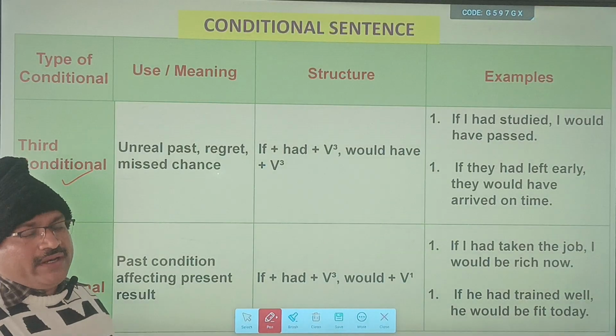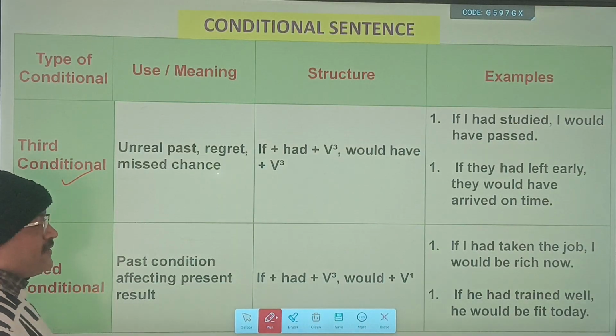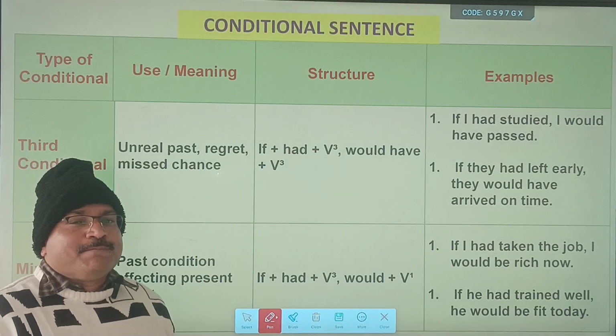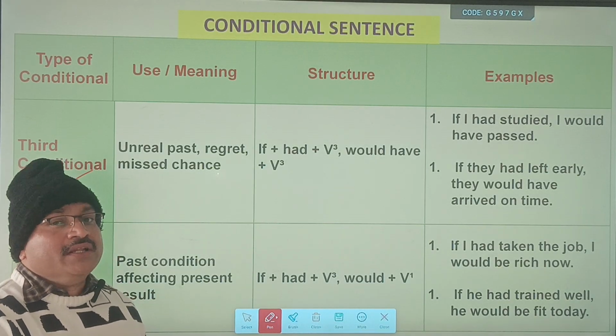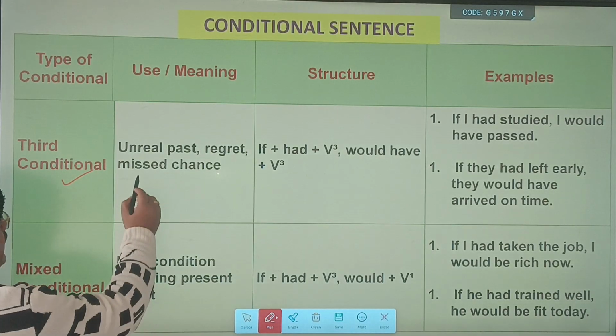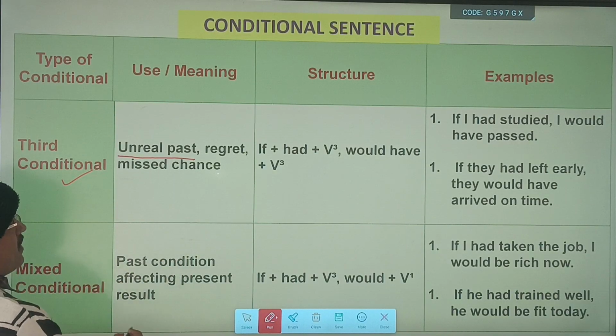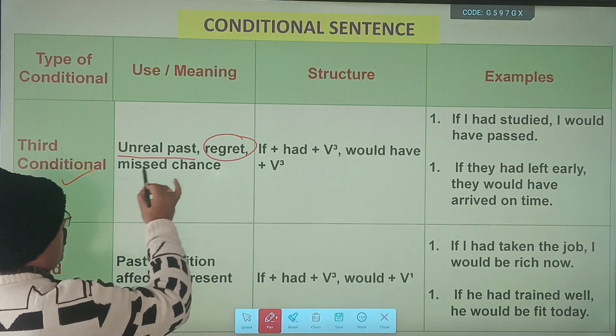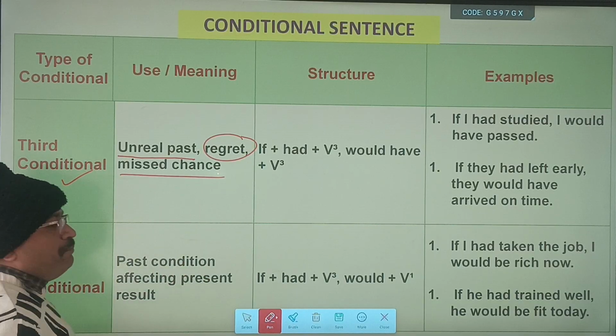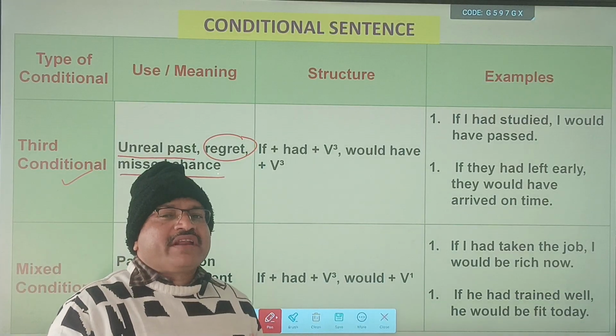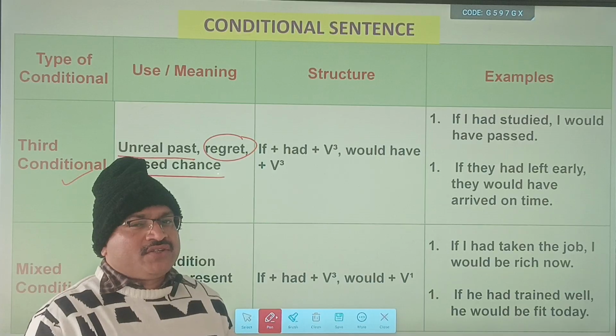Now, friends, next we have third conditional sentence. Let us understand which type of sentence comes under third conditional sentence. If a sentence expresses what? Unreal past, regret, or missed chance, means it's a kind of regret or repentance.